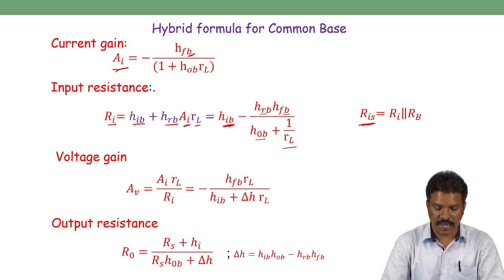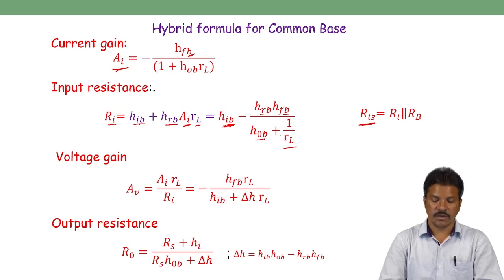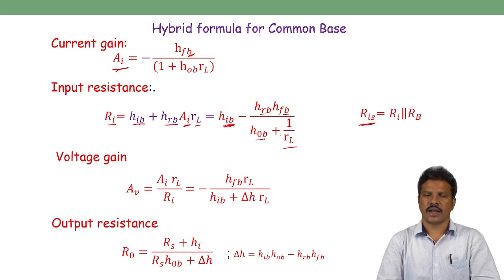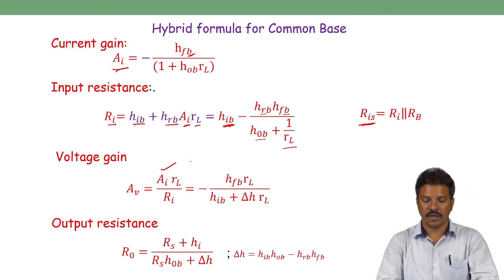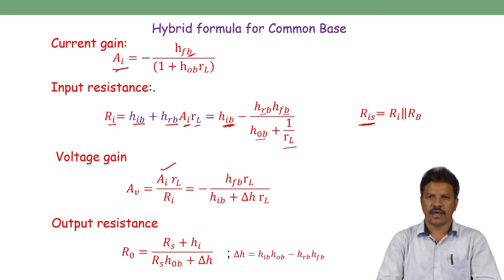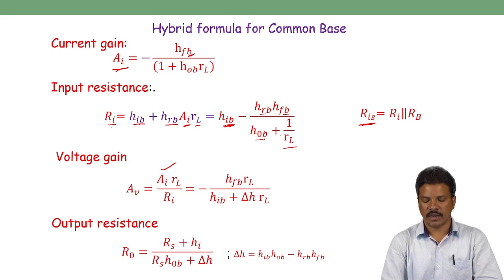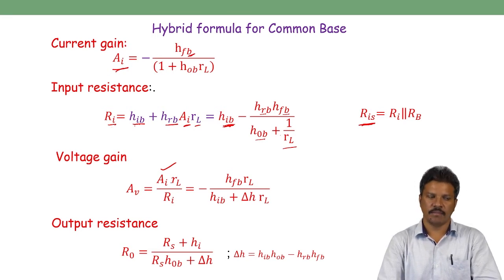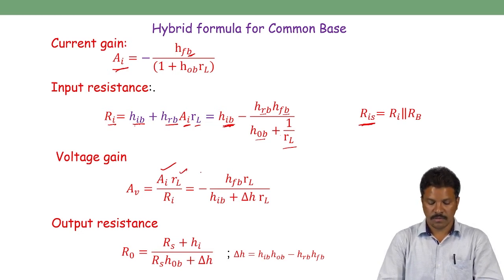Next, voltage gain. This voltage gain AV is equal to the current gain AI into small RL divided by RI. AI we have already calculated, and RI we have already calculated. Then we substitute the ratio of AI by RI into small RL, so that we get the voltage gain.